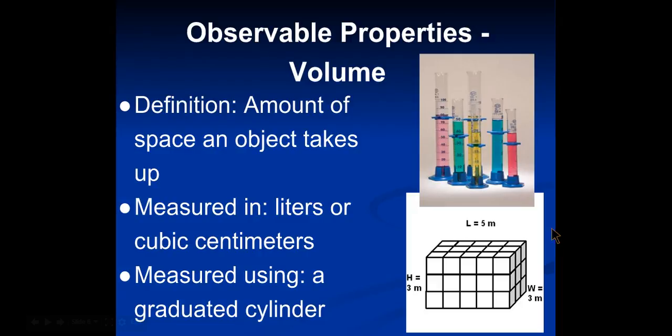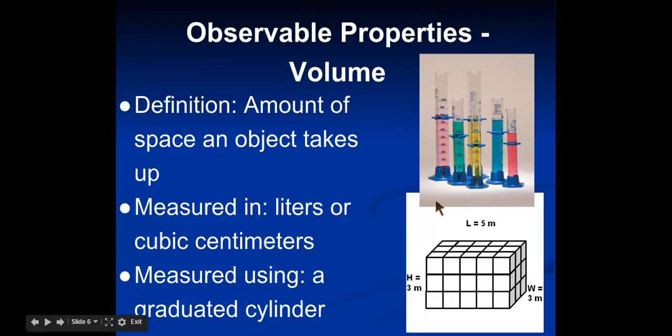In math class, we remembered that to find the volume of a cube, you multiply the length by the width by the height. To do that, we can use a ruler to measure in cubic centimeters. That is a great way to find the volume of a cube, but not everything is a perfect cube. So we need another way.